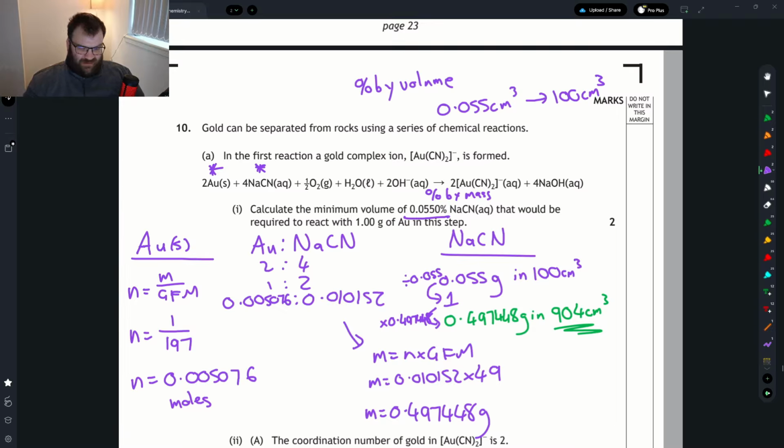There might be another reason why it's that, but we're dealing with a mass, turning it into moles, worked out the mass of the NaCN, and then a bit of scaling to get us our answer.